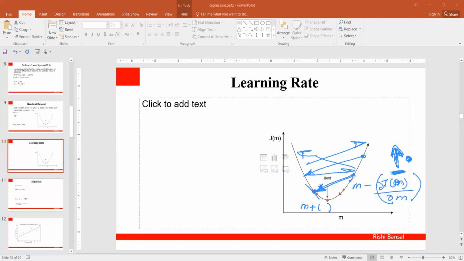We need a very small subtraction or addition, then only you will reach this point. So for that we use a term called alpha, the learning rate. If your term is very big, we multiply it by 0.001 with alpha, so that this big term becomes small and it will go slowly.